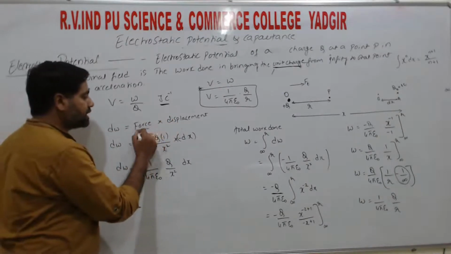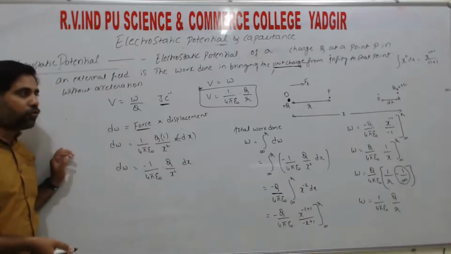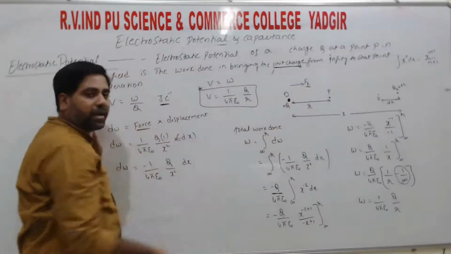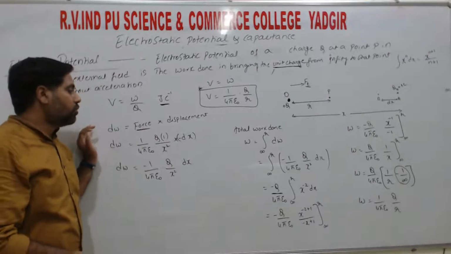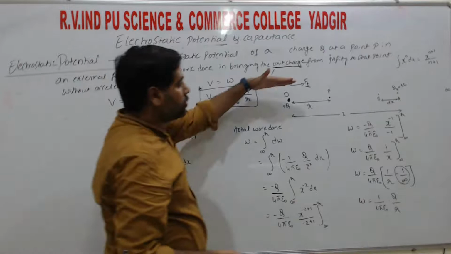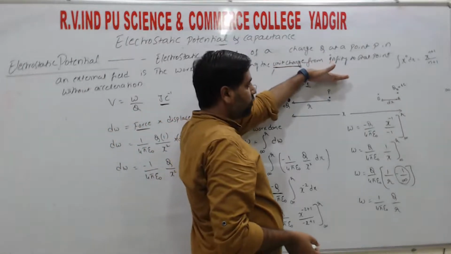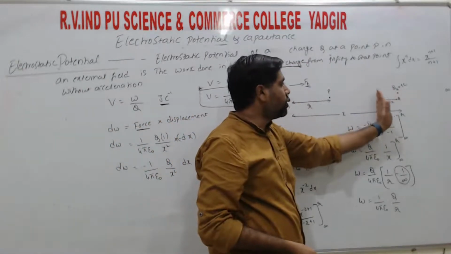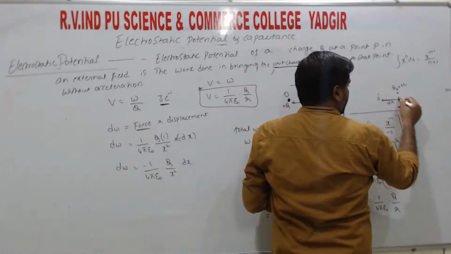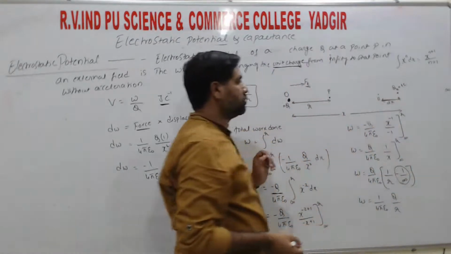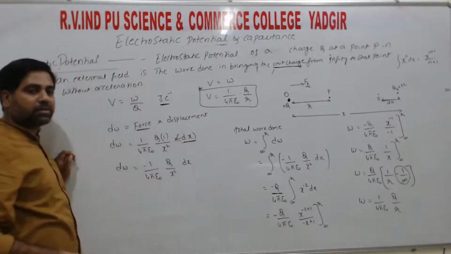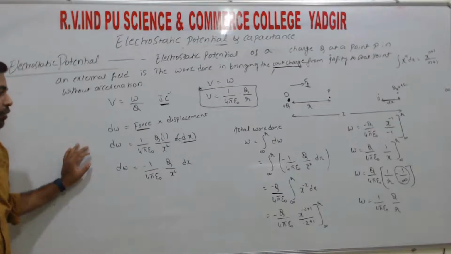This force is the external force, and that external force is always opposite to the electric force, right? So the displacement is opposite to that of the electric force. The electric force is from left to right, but the displacement is from right to left, right? So those two are opposite, hence we take minus dx, right?